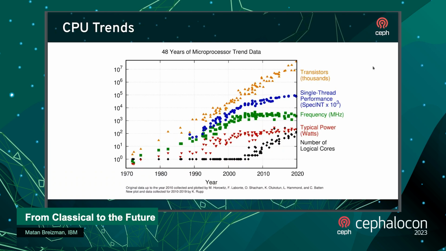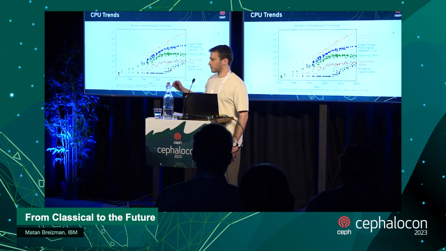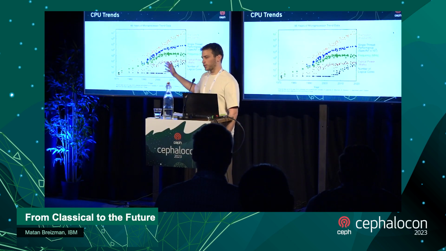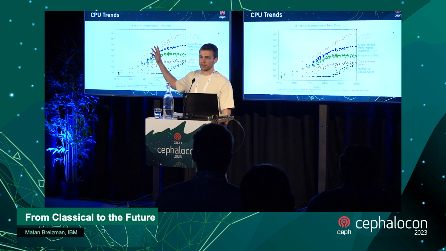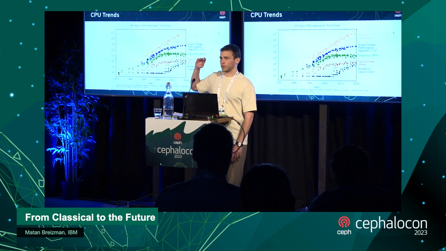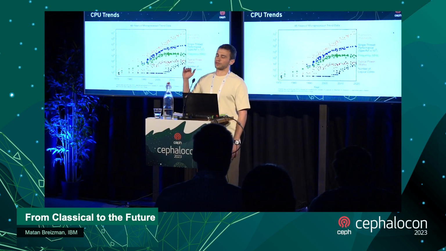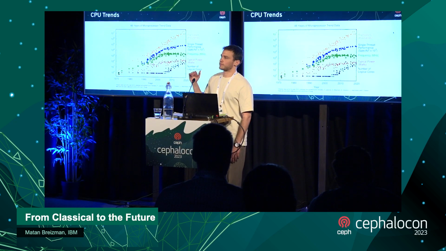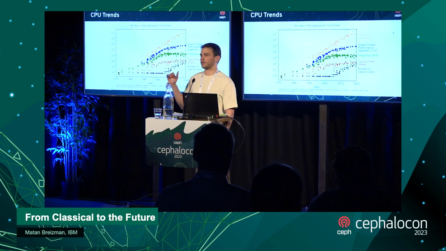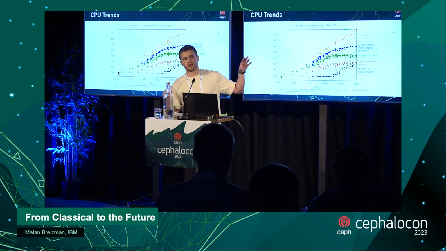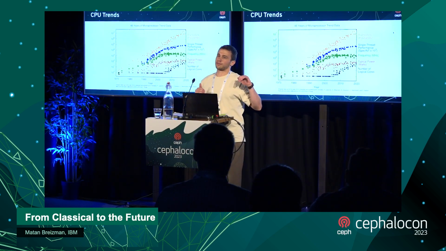Moore's law is an observation that the number of transistors on a microchip will double around every 2 years or so, and we can see this is in fact the case in the orange trend. Now, what Moore's law has given us is also a large increase in single thread performance, the blue trend right beneath it. But this trend reached a plateau around 2008 or 2010. We can see that it stopped doubling as it did before.